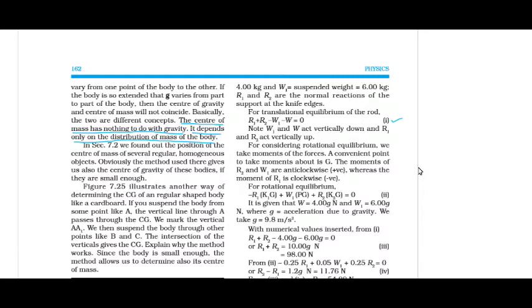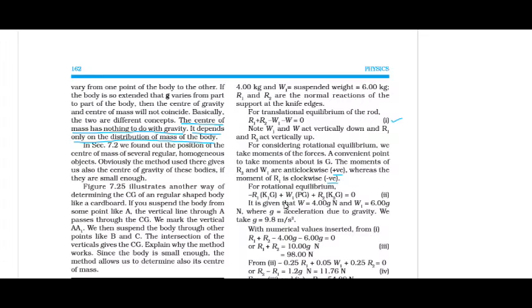For considering rotational equilibrium, we take moment of force. A convenient point to take moments about is G. The moments of R2 and W1 are anticlockwise, therefore positive, whereas the moment of R1 is clockwise, therefore negative.